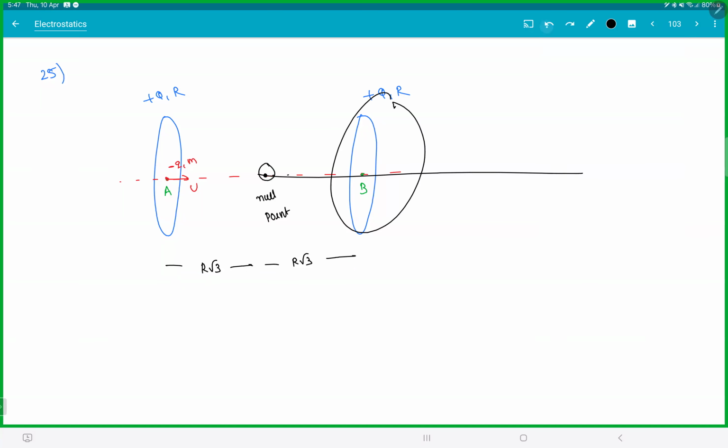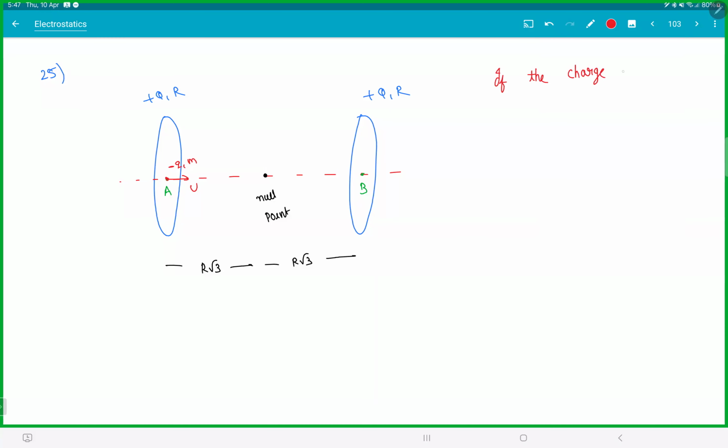Should reach B. So the point is you need to reach the null point. So if the charge reaches the null point with a small, negligible velocity, then it is automatically attracted towards B.